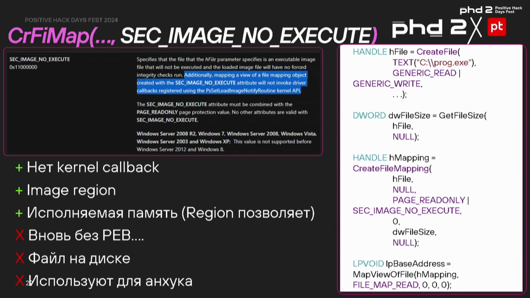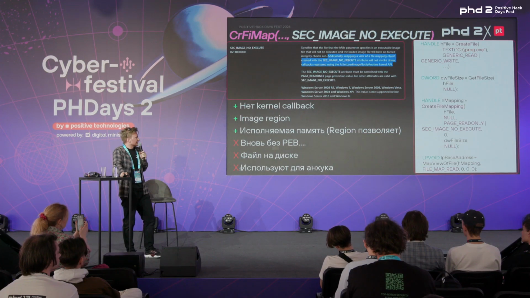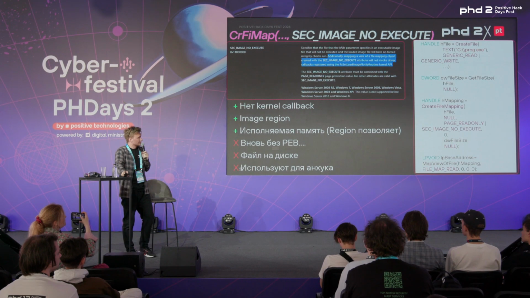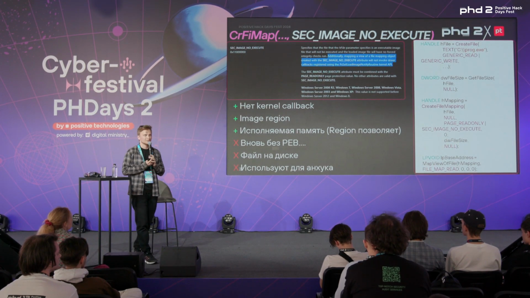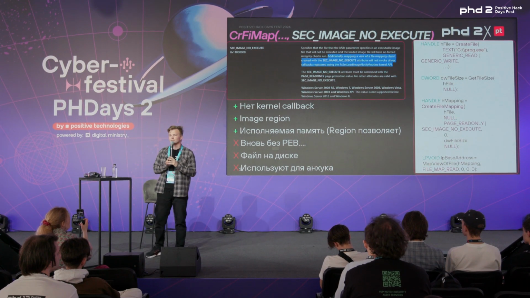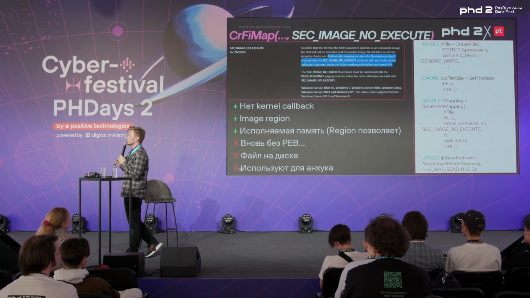Okay, great. The same function with the sec image no executive flag. Well, it is quite unusual. You can make it to the image region without calling the kernel callback. So the antiviruses see this, and they can understand the unusual behavior in the system. This flag can avoid calling this kernel callback.